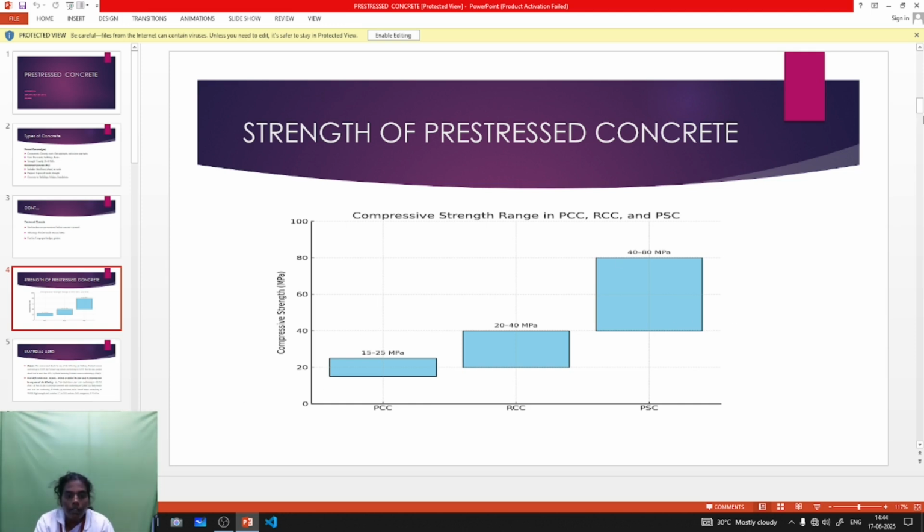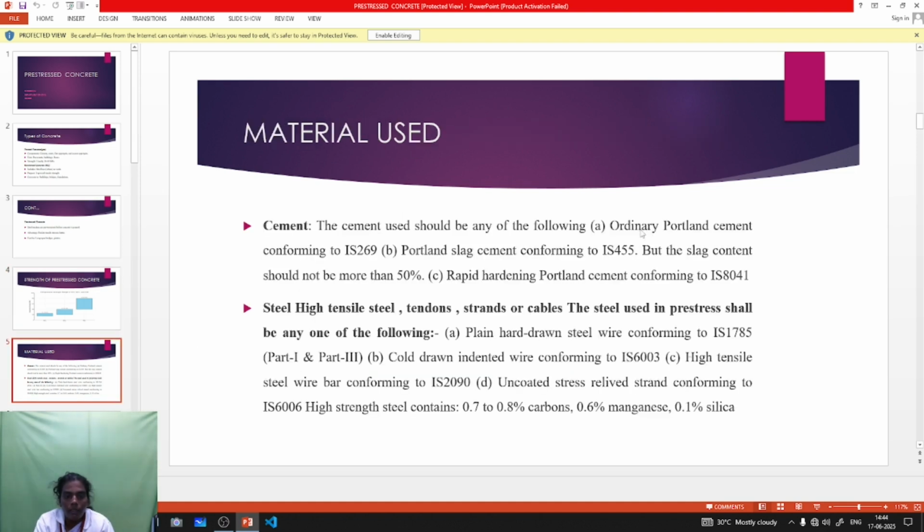First, an introduction to the materials used for prestressed concrete. Cement: OPC is normally used for RCC buildings, conforming to IS 269. Plus Portland slag cement conforming to IS 455 is included.